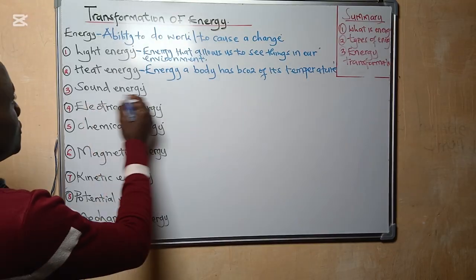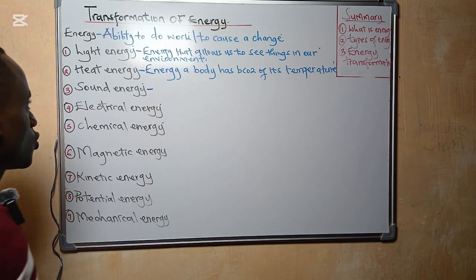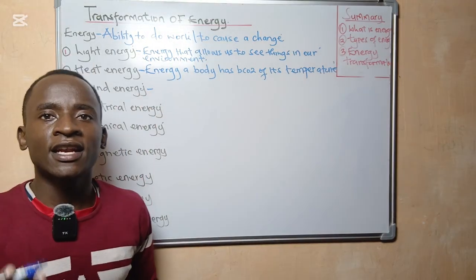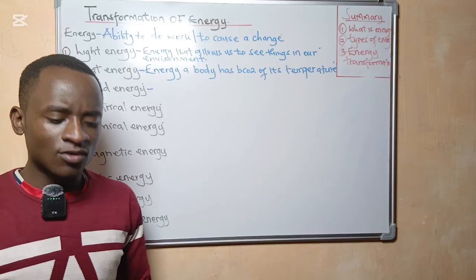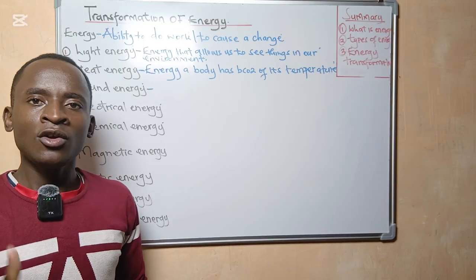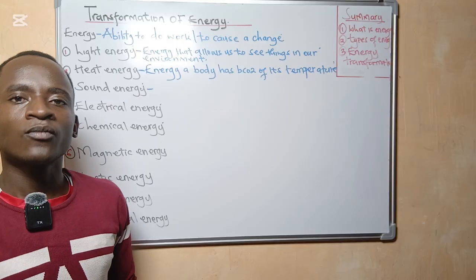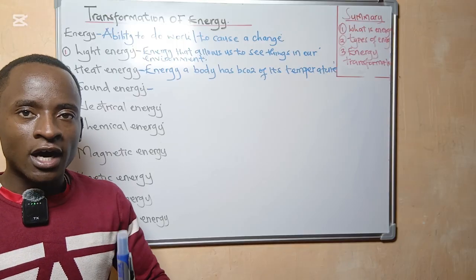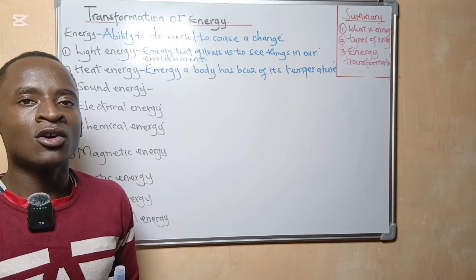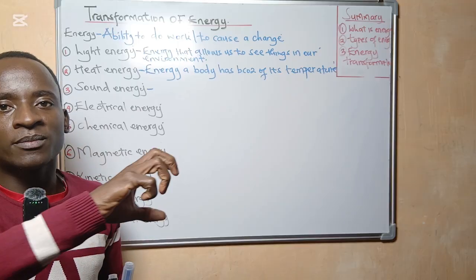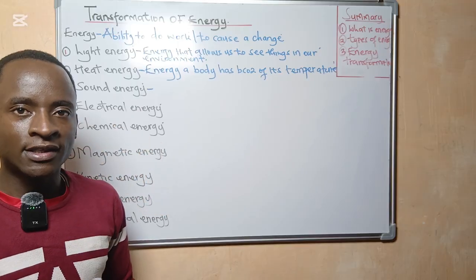Now we come to the third form of energy, what we call sound energy. You are able to get me because of the sound I am producing. You are able to listen to music because of the sound that is emanating from the musical instrument.